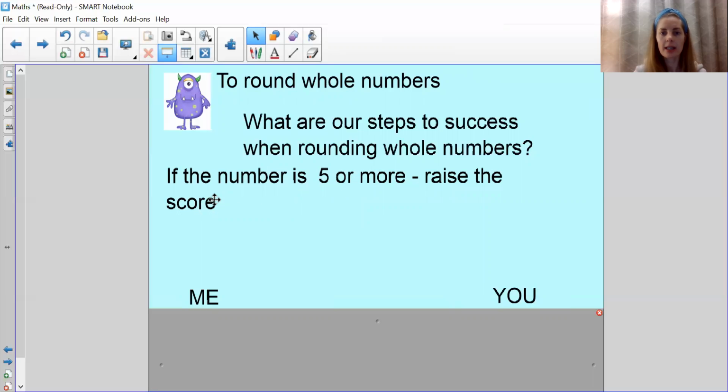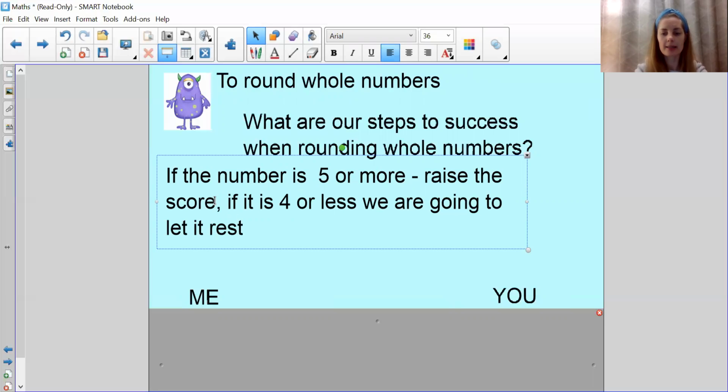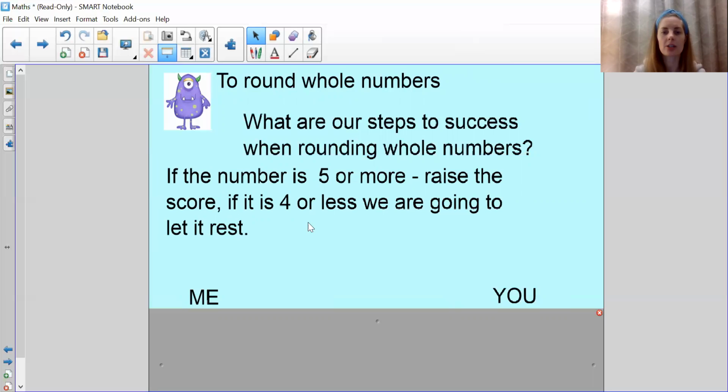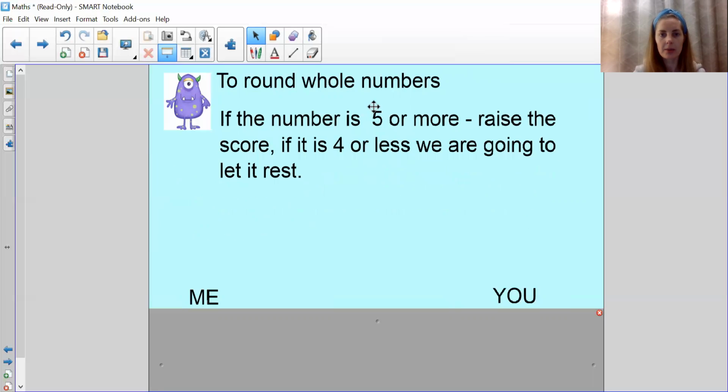Right? So when we're looking at the number, we are going to think about this little poem, and if it is 4 or less, we are going to let it rest. Right, so what does that actually mean? What do those words mean? Let me get rid of that so that we can have a look.